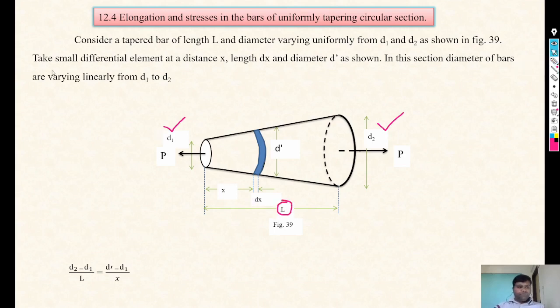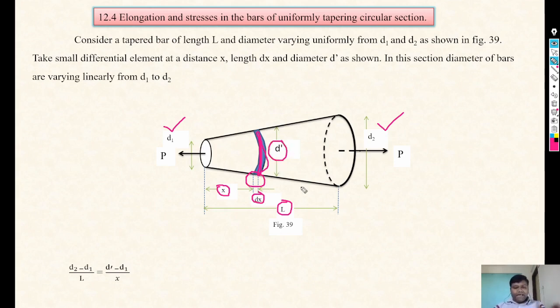Next, take a small differential element at a distance x, of length dx and diameter d dash, as shown in the diagram. That small element is at distance x from the left end, its length is dx, and the diameter at that small element is d dash.